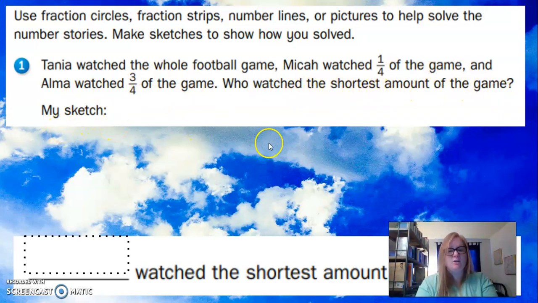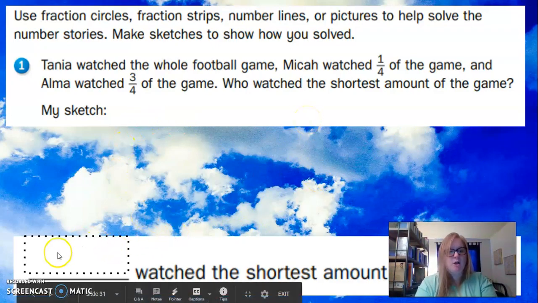And then here you're going to put your sketch, okay? So really you're comparing a whole to 1/4 to 3/4, okay? And I want to see those represented here either as fraction strips, fraction circles, or number lines, whatever you prefer to draw, okay? And then you're going to put your answer. Who watched the shortest amount of the game?